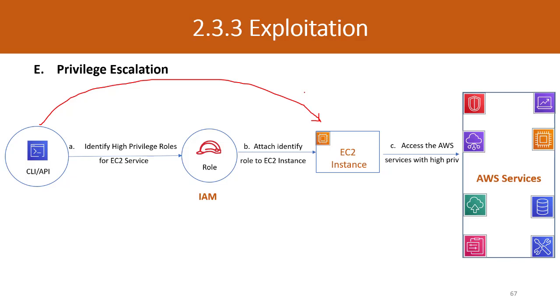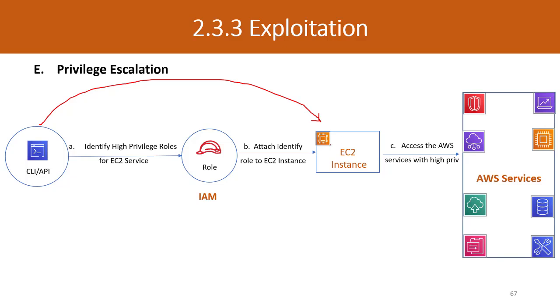This is really important because if this user can attach a role, this user has PassRole rights. And if the PassRole right is star, that means you can attach any role to this EC2. Even if there is an administrator role, you can attach this role to this EC2 instance, and access on behalf of the administrator role to perform whatever operation you want. So this is how they can perform the privilege escalation.